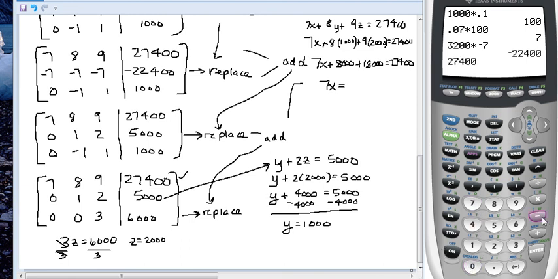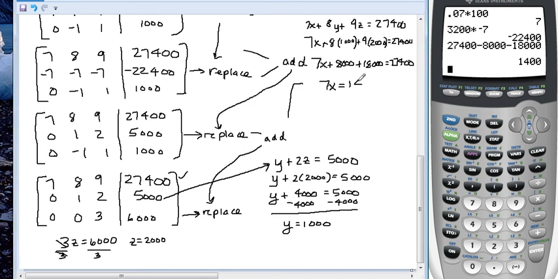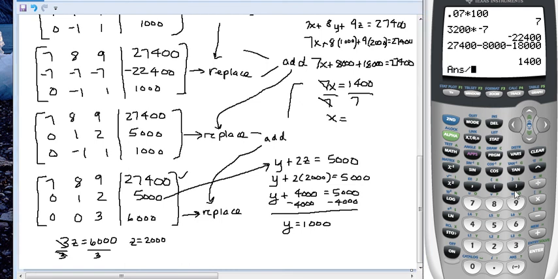I just don't have enough room. 27,400 minus 8,000 minus 18,000 gives us 1,400. And the last thing to do is to divide through by 7. Divide through by 7. 200 bucks.